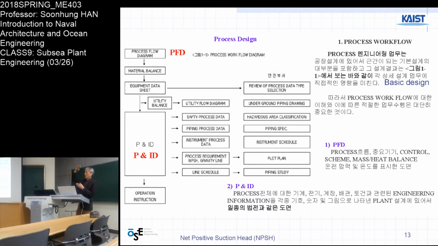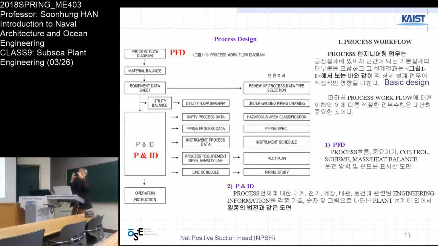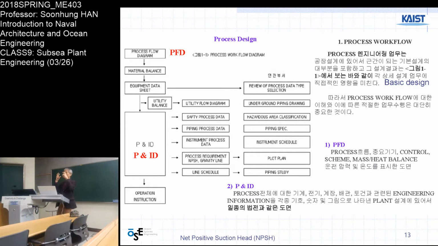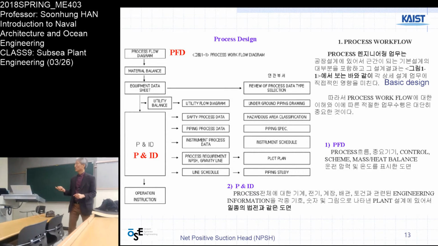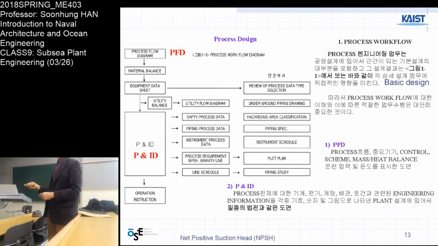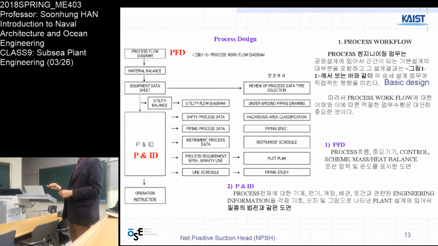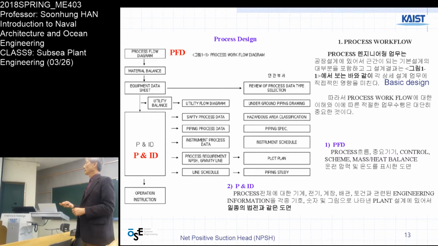There are different separations coming from crude oil. One portion of them is gasoline, right? There are quality differences between diesel oil, gasoline, and others. So you need a material balance, including heat balance, and then equipment data sheet, right? So you need to purchase equipment to provide a whole plant.